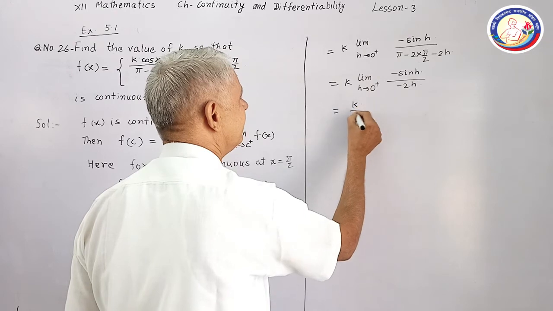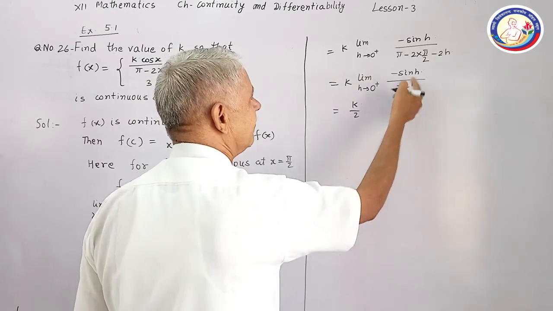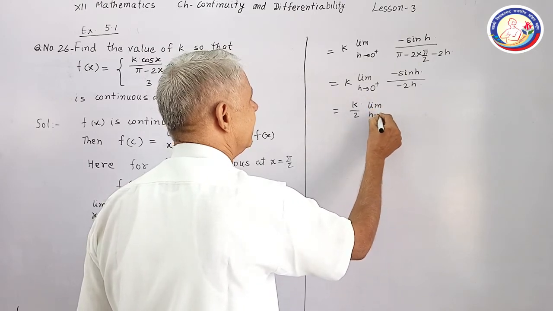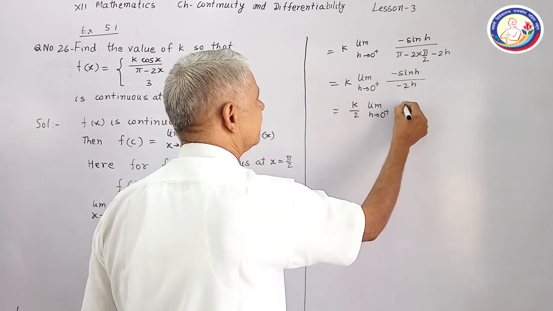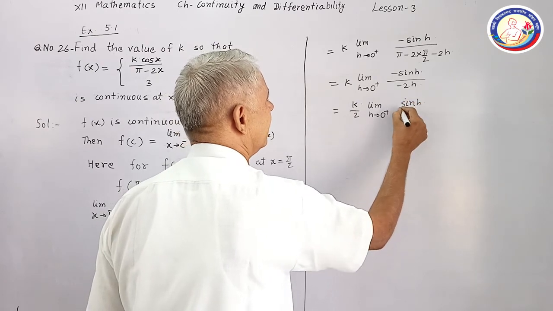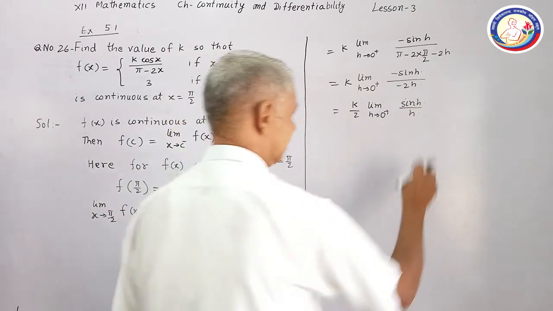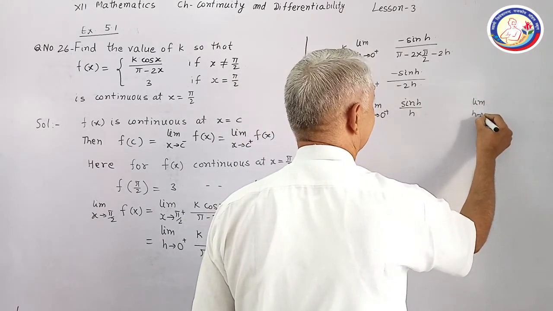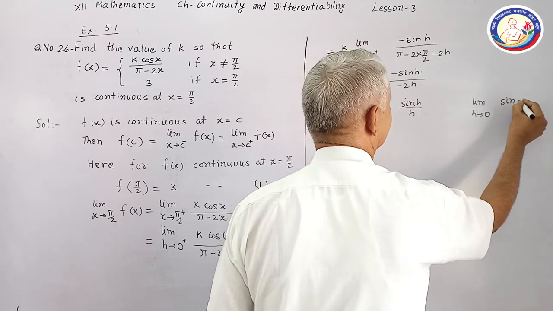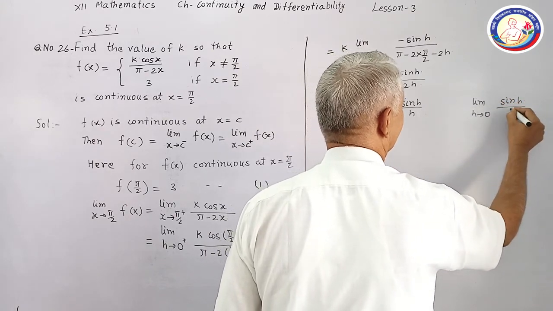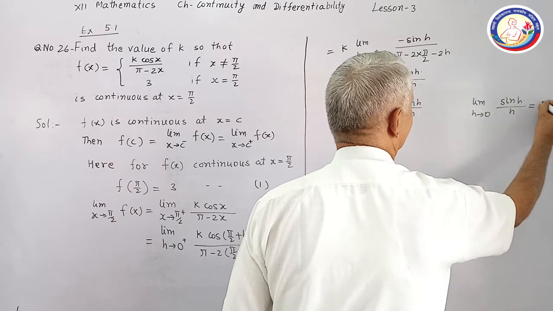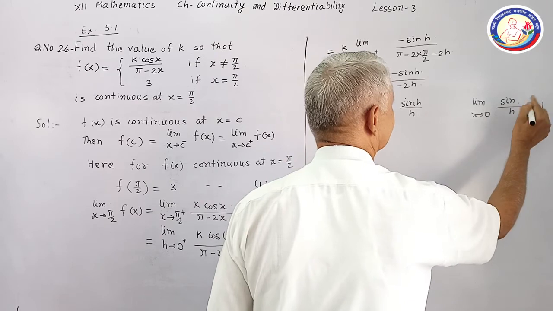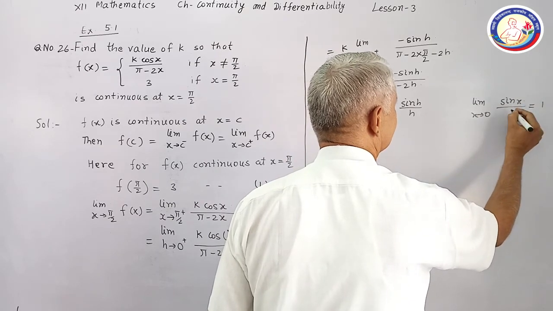It will be k by 2, take it outside, 1 by 2, limit h tending to 0 plus of sin h upon h. And this is a standard limit: limit x tending to 0 of sin x upon x is 1.